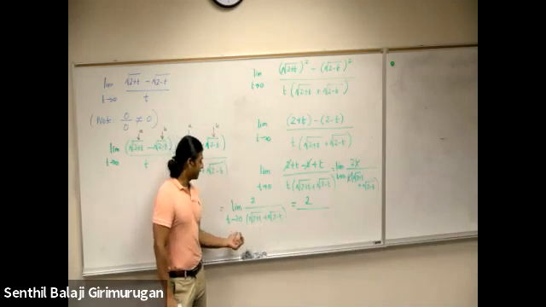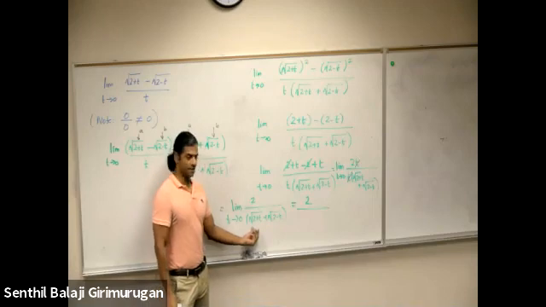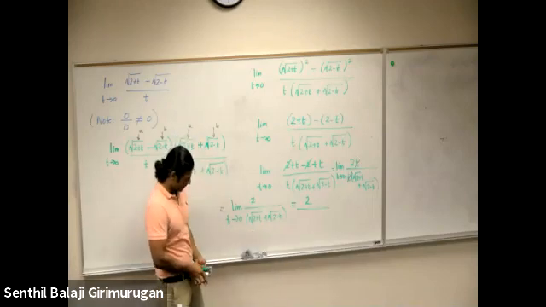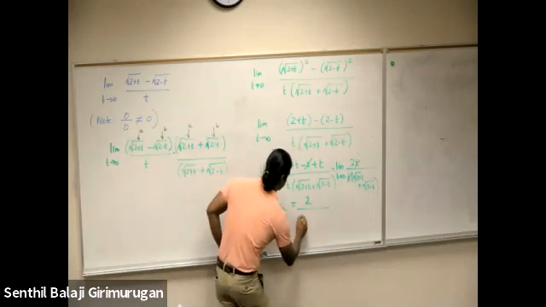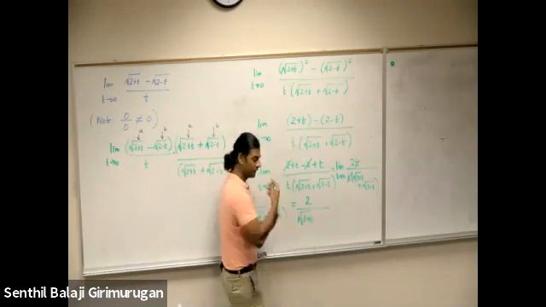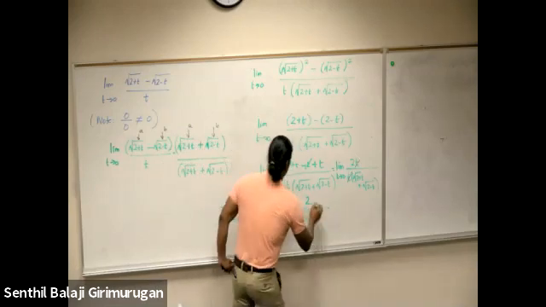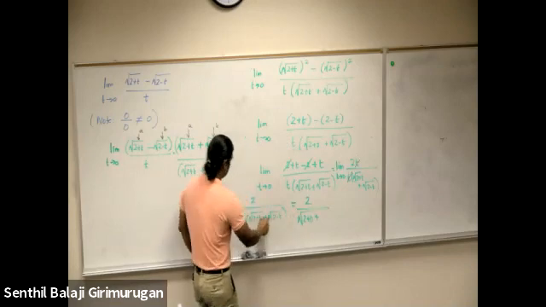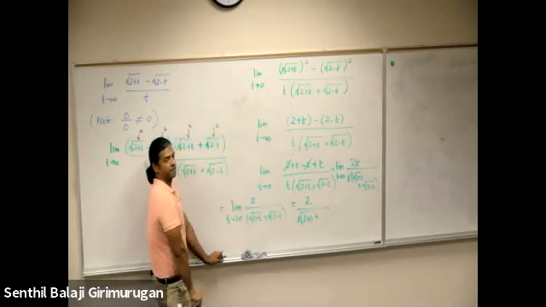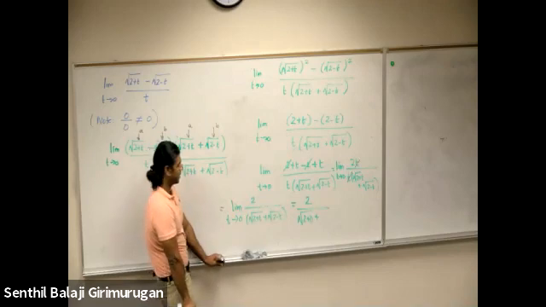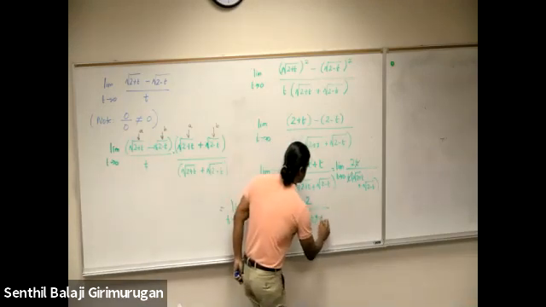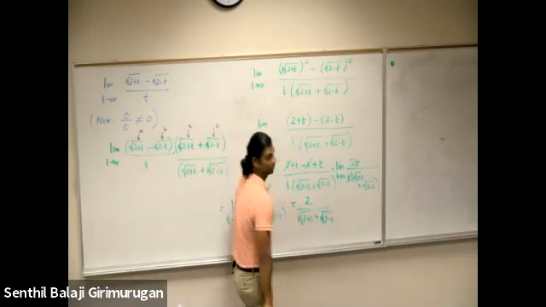No. So as t approaches 0, the only thing that's going to happen is it will turn into square root of 2 plus 0. It's a proper function. Would that function cause an issue if t approaches 0? No. It'll just end up being square root of 2 minus 0.